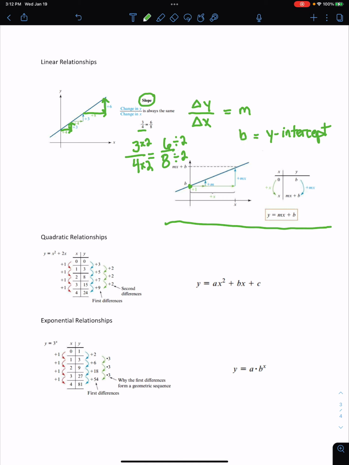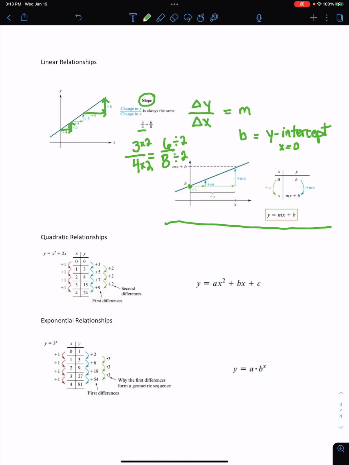Again, don't ask me why, but that's the letter that we use to represent the y-intercept. And the y-intercept is the point where the line crosses the y-axis. It's also the point where x is equal to 0. So our x value is equal to 0, and our y value is that place where the line crosses the y-axis.